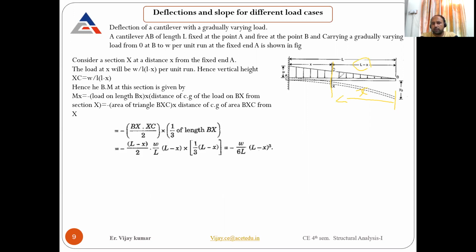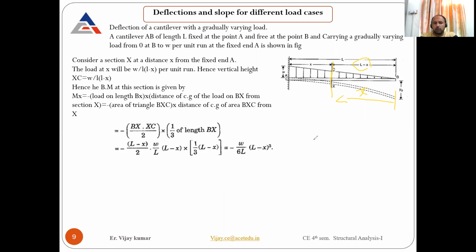First of all, what is the value of this vertical distance? By similar triangles, everybody can calculate this: this base divided by the total base, so this length will come out to be L minus X by 2. That's how you get the value.